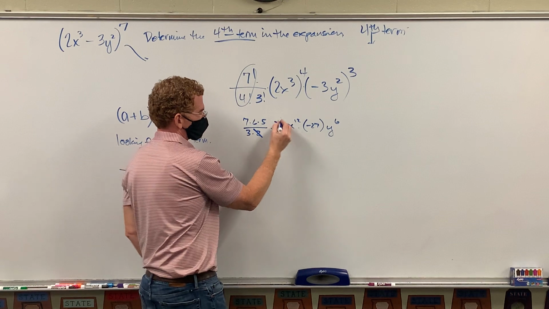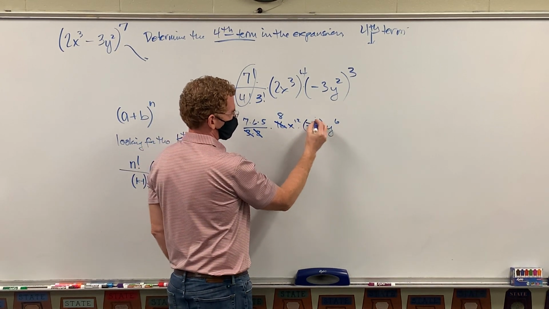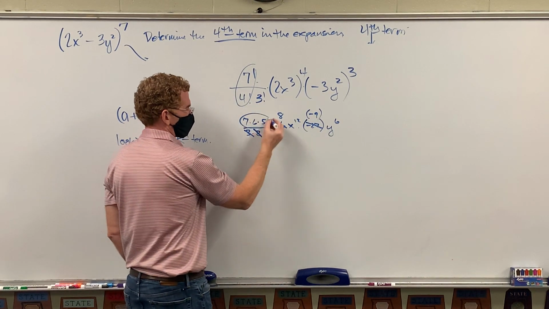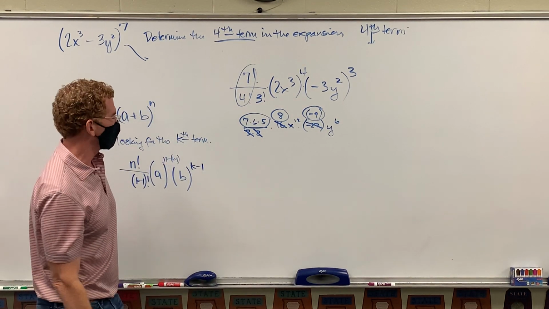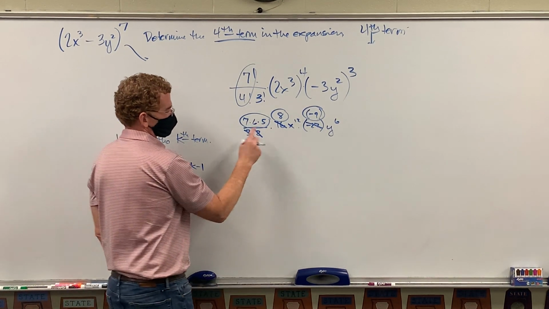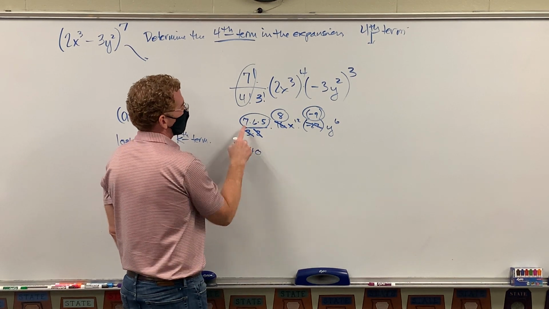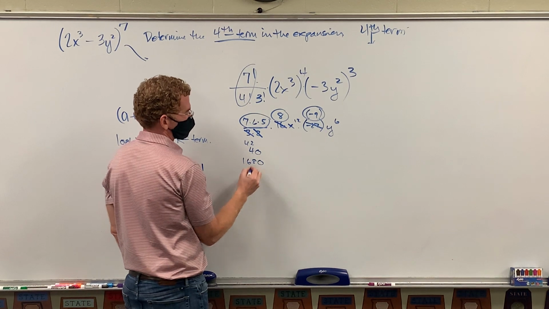2 cancels with the 16, leaves me an 8. 3 cancels with the negative 27, leaves me a negative 9. And all I've got to do now is multiply that and that together, which granted is going to be a little annoying. Although you might be able to get somewhere with stuff like 5 times 8 is a 40. 40 times a 42 gives me a 1680.